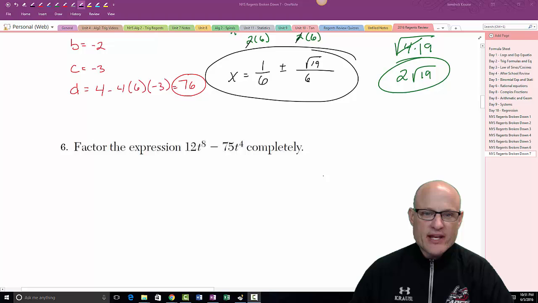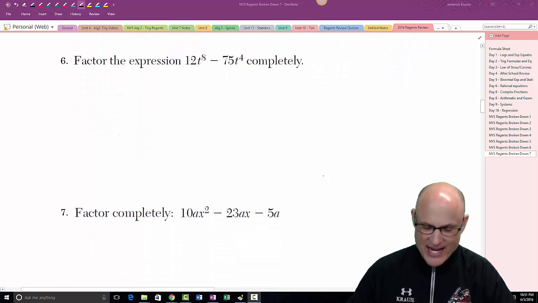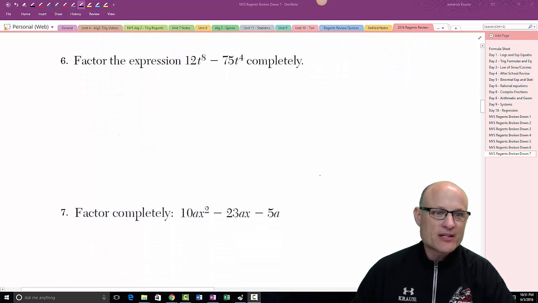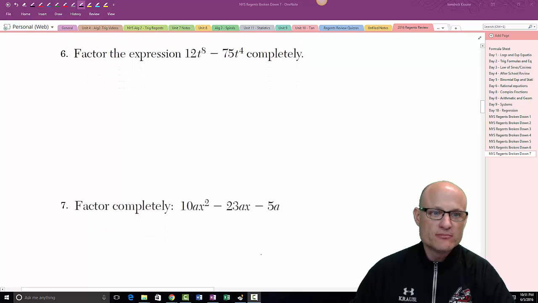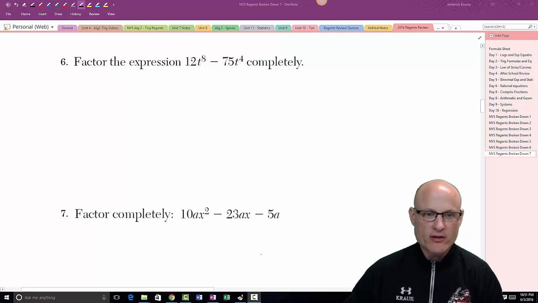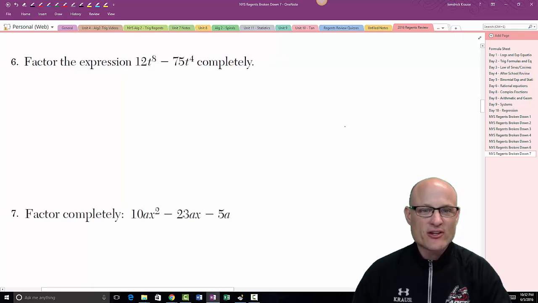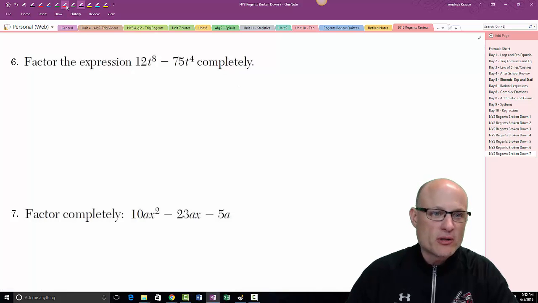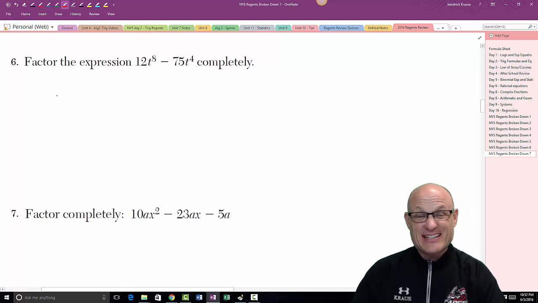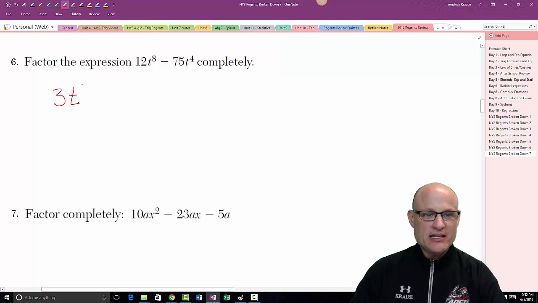So at first glance, this next one looks rather difficult, but it's actually quite easy. I think we might cheat on this one. All right, so I want to factor this completely. Factor completely normally means you're going to take out a GCF and then keep going. So in this case, I can take out a 3t to the 4th.